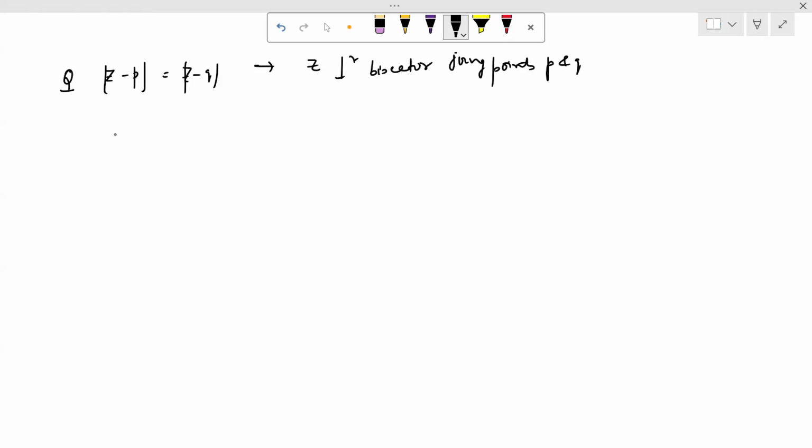Now, what do you think about this? Modulus of Z minus P is equal to alpha times modulus of Z minus Q. What if P is not equal to Q and alpha lies between 0 and 1? What locus does it represent?